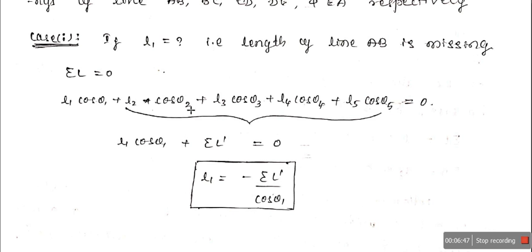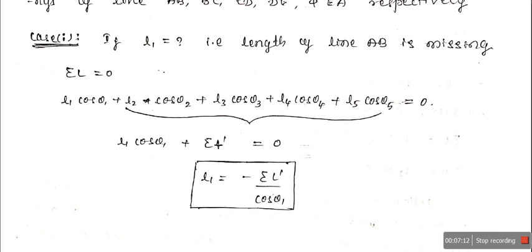Simplify this one. In this case, we are finding this L1 here; the remaining L2, theta 2 up to L5, theta 5, we know with respect to data. So just add all the values. We can make it a summation of L dash, the value of adding up these 4 latitudes.